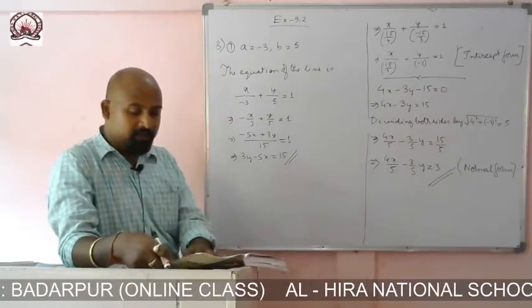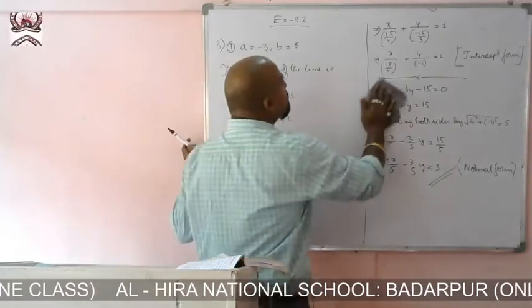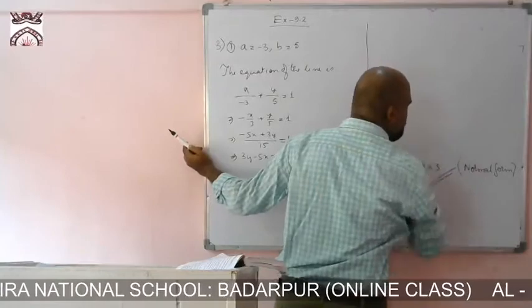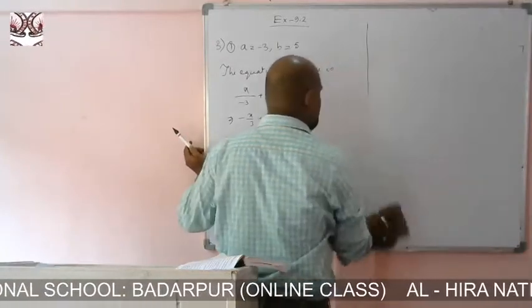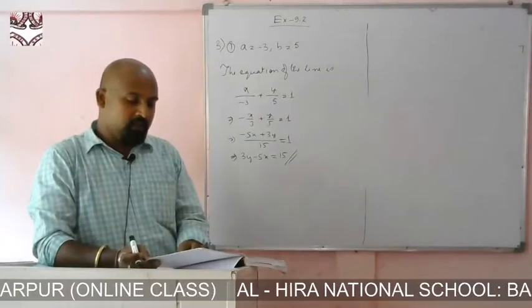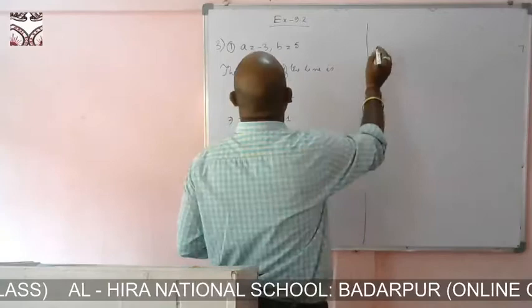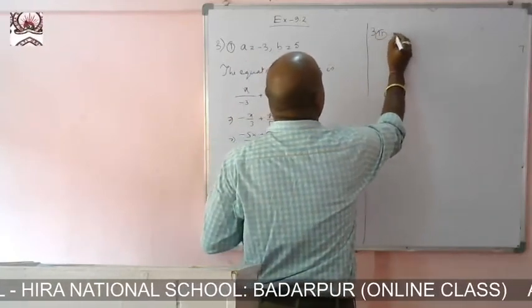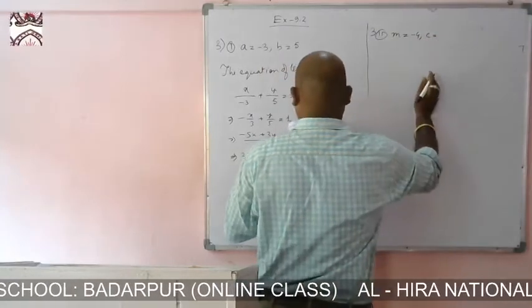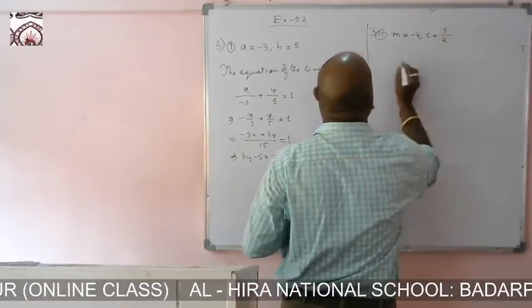Now next. In number 2, m equals minus 4 and c equals 5 by 2.